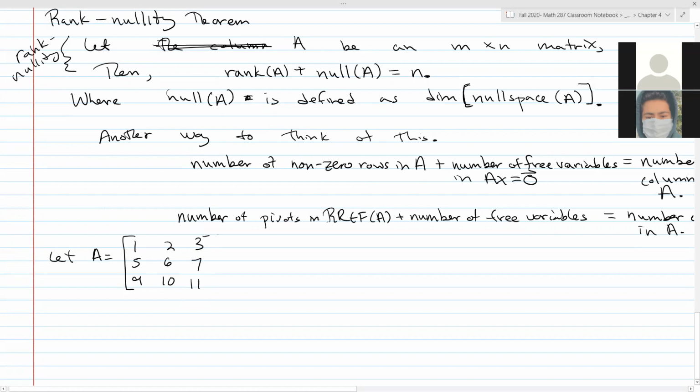There it is. What we're going to do now is confirm rank nullity.